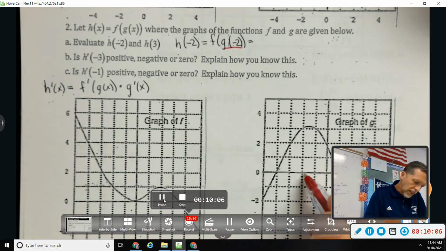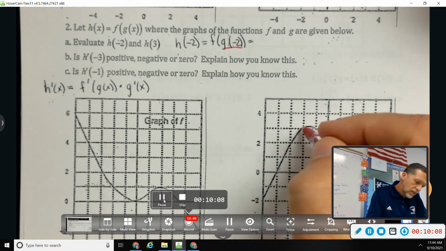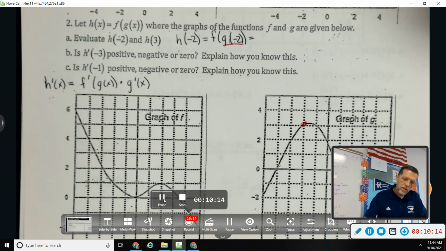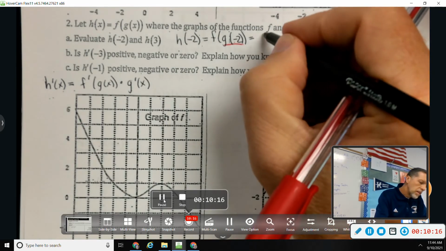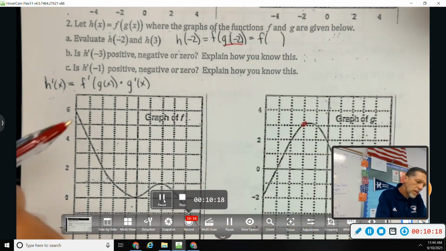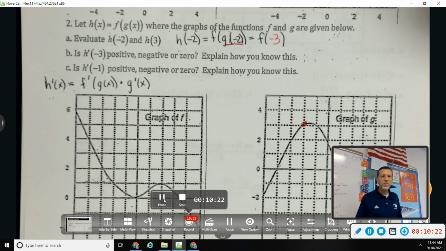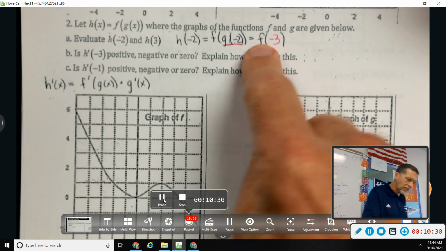G of negative 2 is 3. So that becomes now the input to the f function. F of negative 3. So now I'm looking at the f graph.